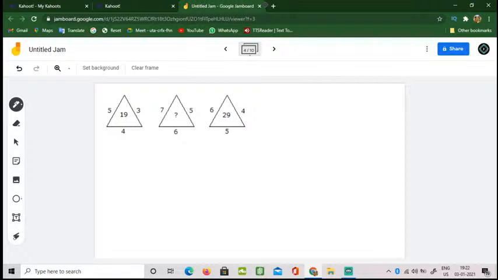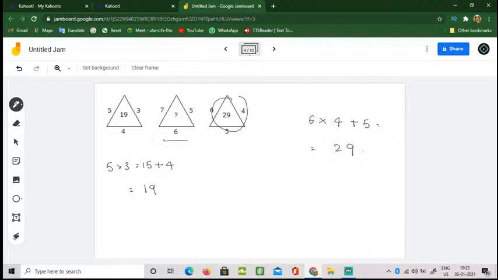And in this question, if you multiply 5 and 3 it is equal to 15. And if you add 4, you get 19. Okay, and the third, if you see this one, it is 6 into 4 plus 5, which is equal to 29.